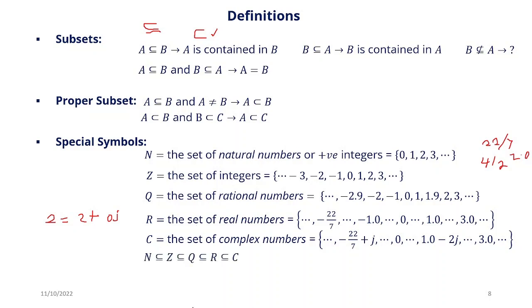As you can see from this analogy, N is a subset of Z, and Z is a subset of Q, and Q is a subset of R, and R is a subset of C. So complex numbers were invented to solve a lot of problems in mathematics, and they are very useful. For instance, if I ask you to find the square root of -2, it will be difficult for you to find it ordinarily unless you use the ideas from complex numbers.